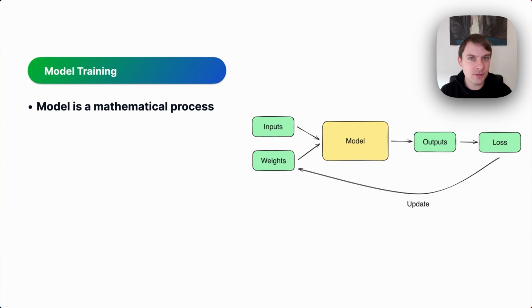So we have inputs, which are basically images or audio recordings or stuff like that. And then we have this model, a mathematical process that describes what a strawberry, in my case, might look like. And then we get outputs.